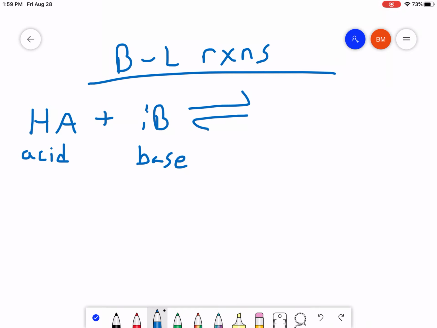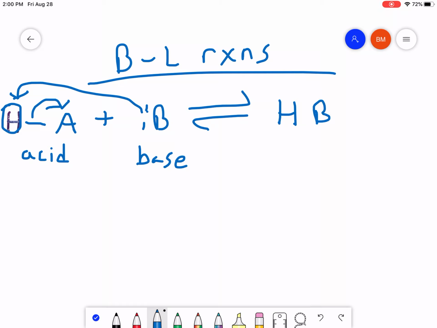All right? And what happens is the electrons, actually I'm going to adjust this one a little bit just to show you the mechanism a little bit better. Ooh, I accidentally went into sparkly font there with my H. Hope you enjoyed that. All right, so the electrons from the base can come over and grab that hydrogen, and that allows these electrons to be retained solely on the A. So in this case, we end up with HB, right?